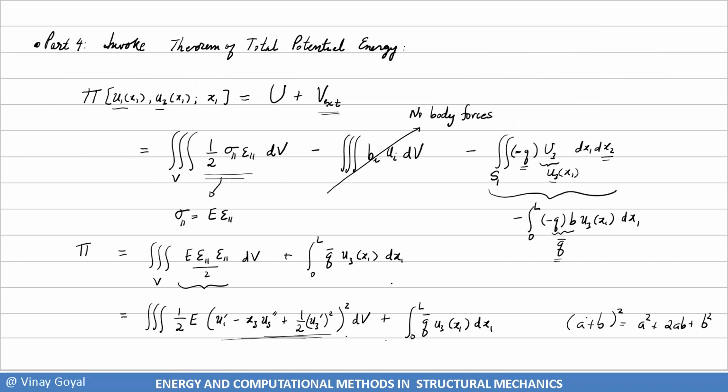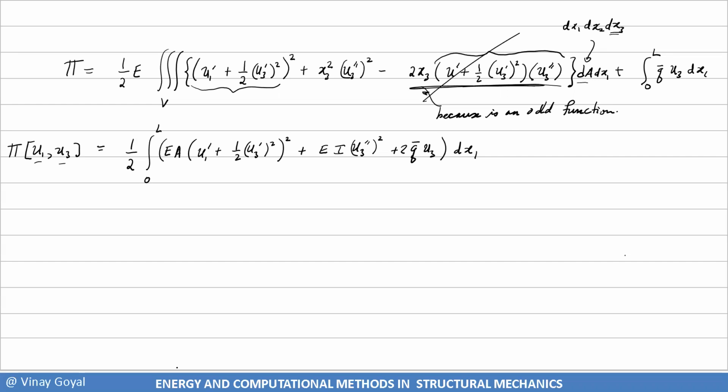And this is an exciting moment, because part 5 is to find the deflections or displacements u1 of x1, which is a function, right? U1 is a function. And u3, which is also a function.